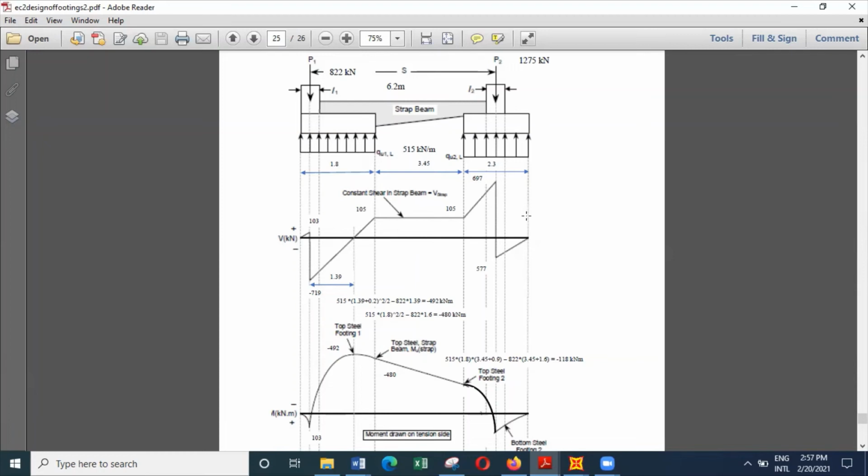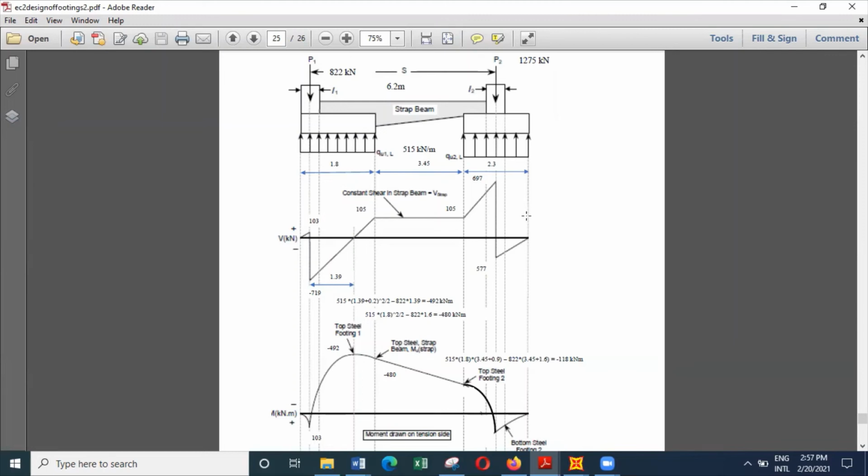And then when you look at shear, we have to check for direct shear at a D away from the face of the column. So for that, we have to select a suitable value for D. So when you consider the size of the footing, 2.5 meter by 2.3 meter, it may be reasonable to select at least 0.5 meters or 0.6 meters for the thickness.